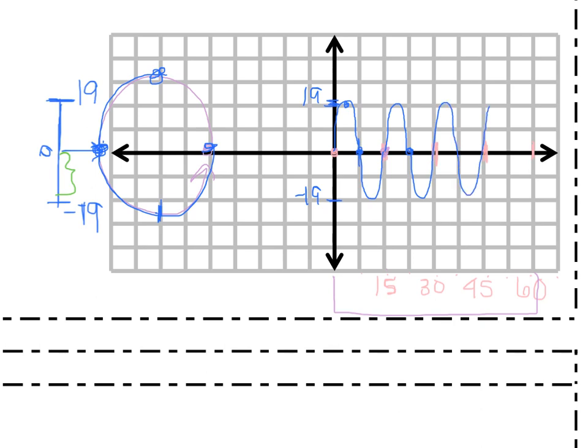Let's see if I can explain this in another way, just to walk through it a little bit more. This part in green represents 1 full revolution. It's not very circular, and I understand my graph is terrible. The total height between 19 and negative 19 is 38, which represents the full diameter of the circle.